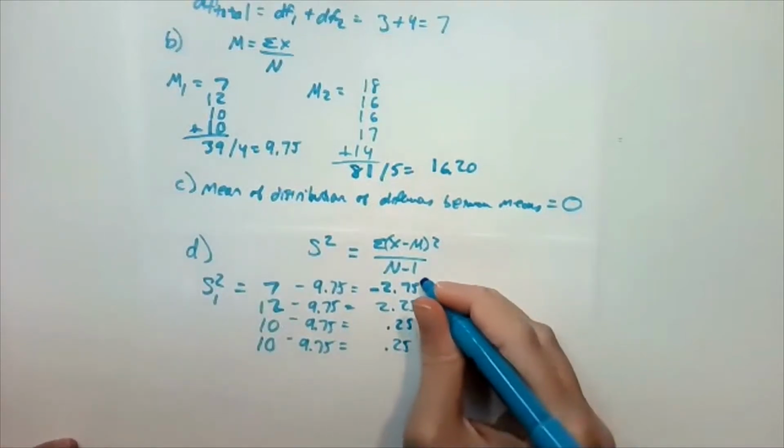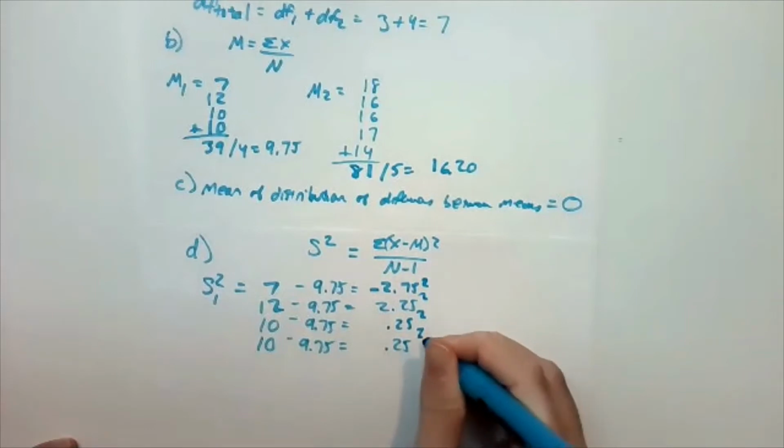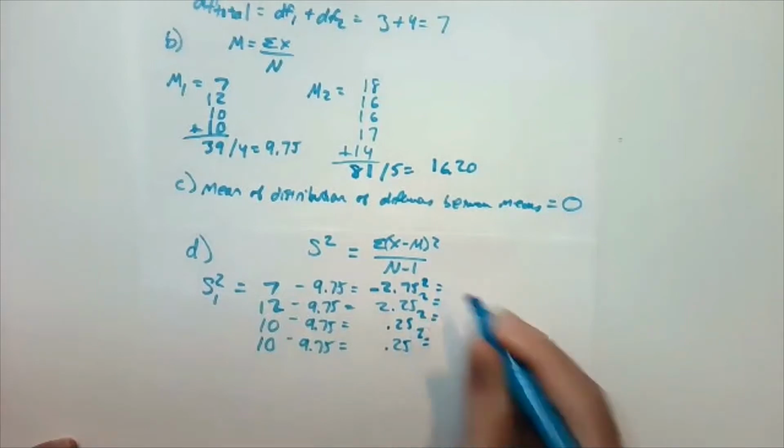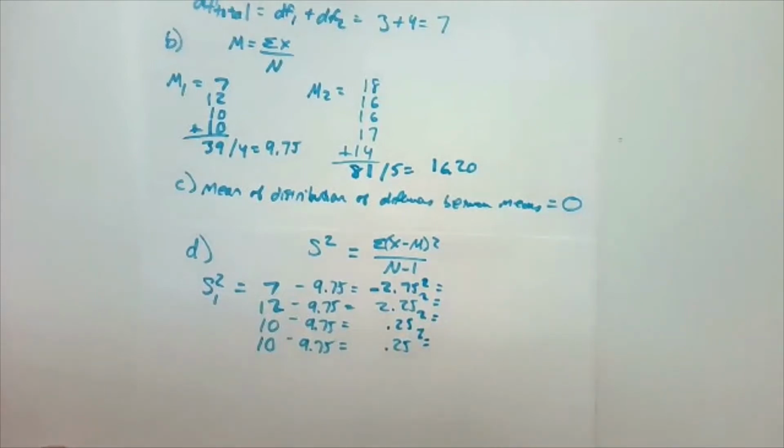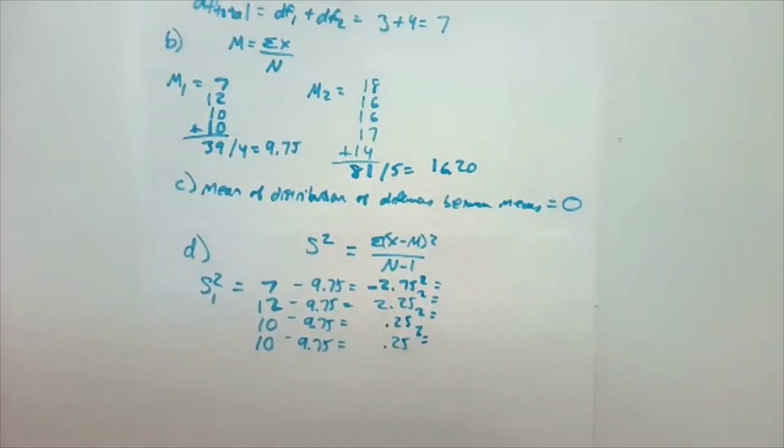And now we're going to square each of these scores. And so negative 2.75, and again, remembering that we have to make sure that we're using our negatives correctly with our calculator. So some calculators might require you to use parentheses or something else. Remember that when we're squaring a negative, we're always going to get a positive. And so if you haven't, something has gone wrong.